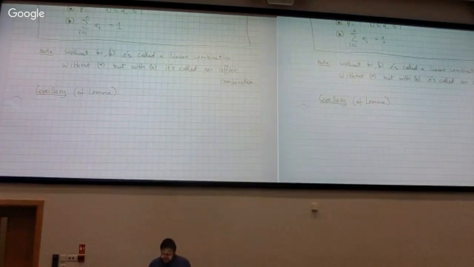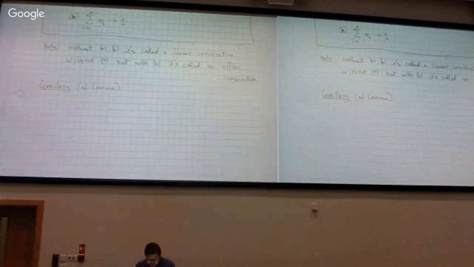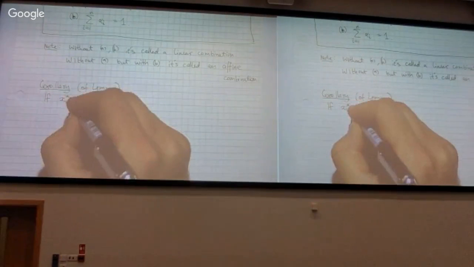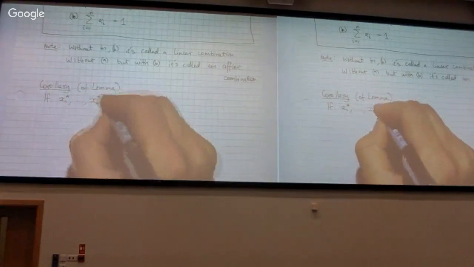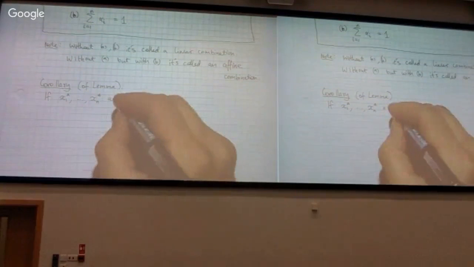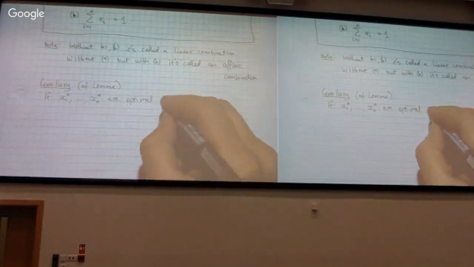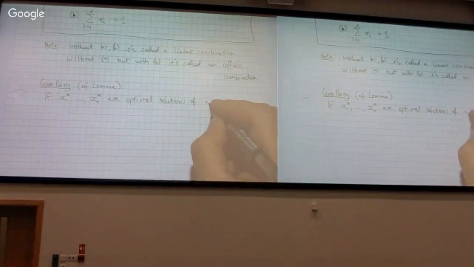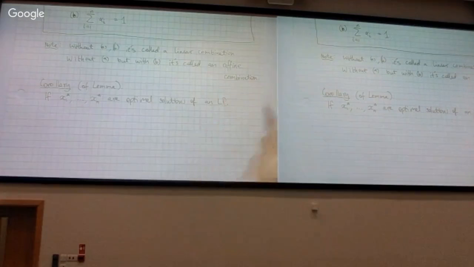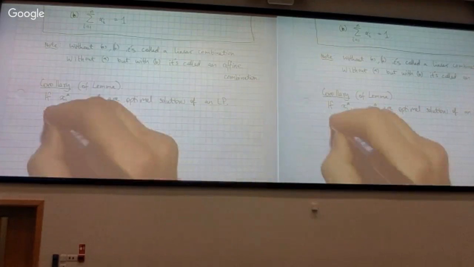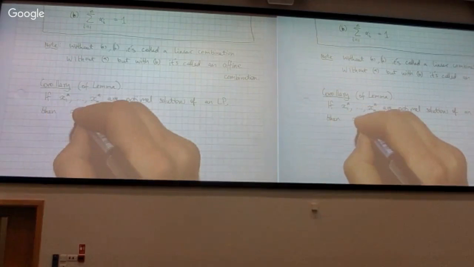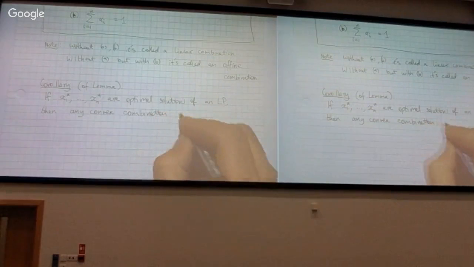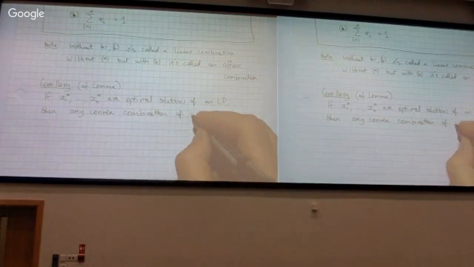Okay, so first corollary of the lemma is that if you get n different optimal solutions of the NLP, then any convex combination of them is also optimal.